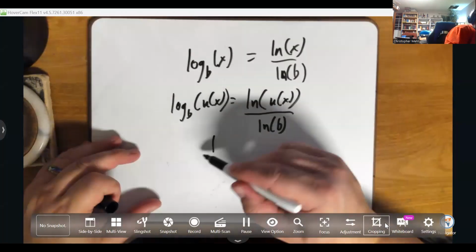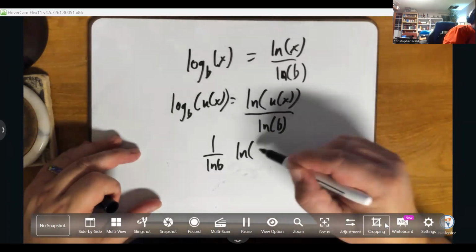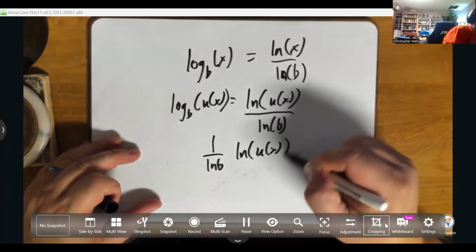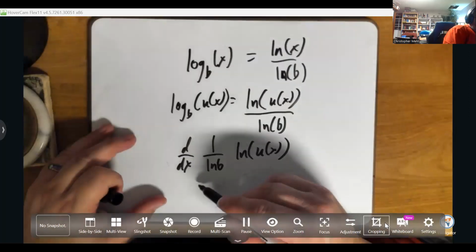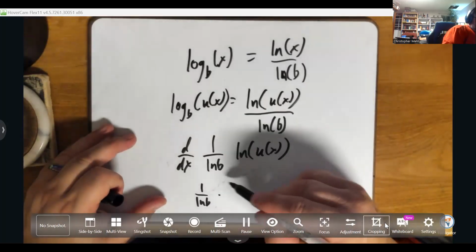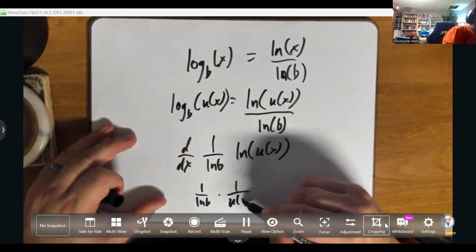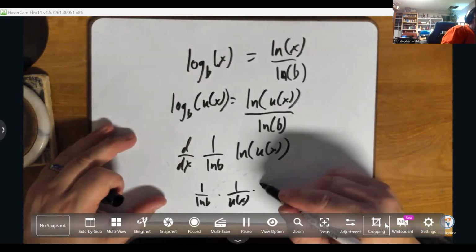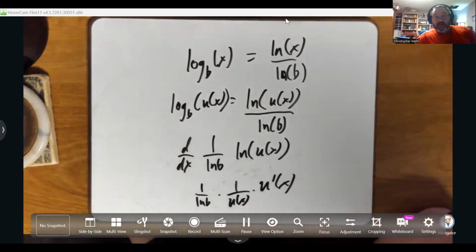And so we can pull 1 over natural log of b out, just dealing with the natural log of u of x. If I take its derivative, 1 over log b is just a constant, and the derivative of natural log is 1 over u, so it's 1 over u of x, times u prime of x. Okay, so that's where that comes from.